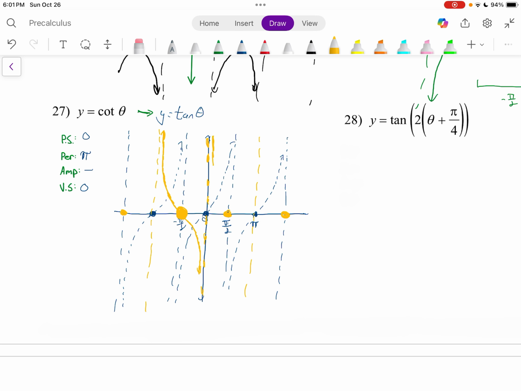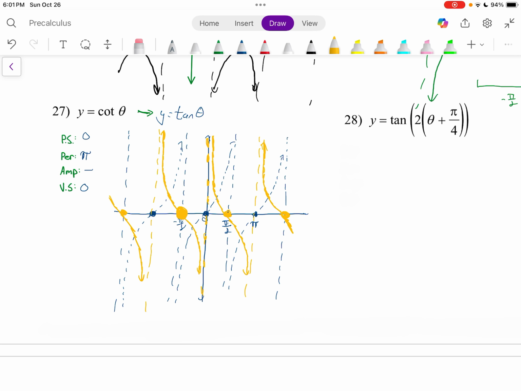So down, go through the 0. So there's a few branches there. Over here on the far left, we can put part of one as well. All right, so the yellow part is y equals cotangent theta.